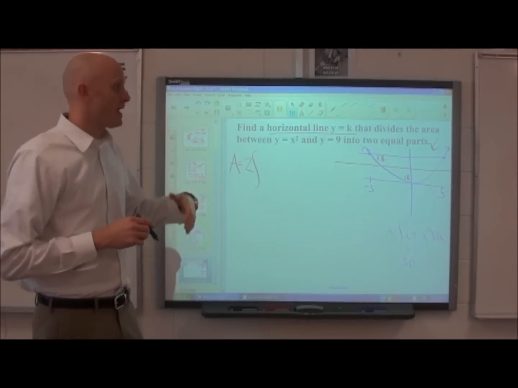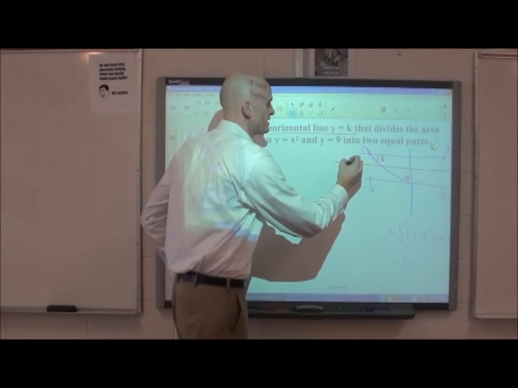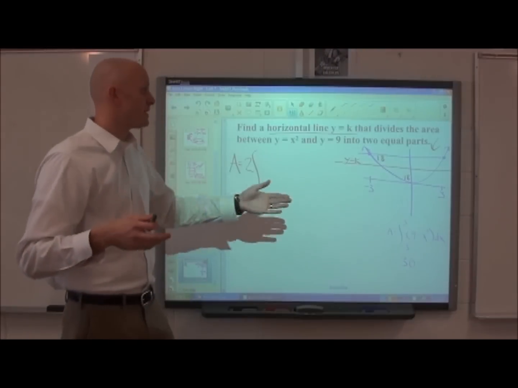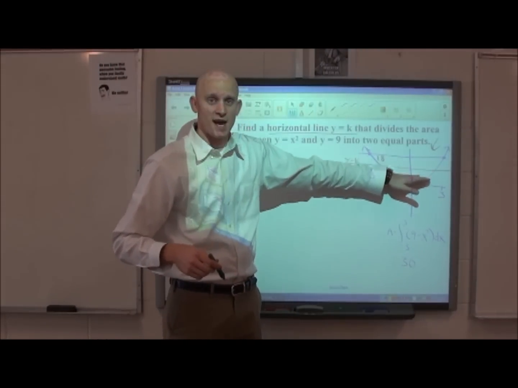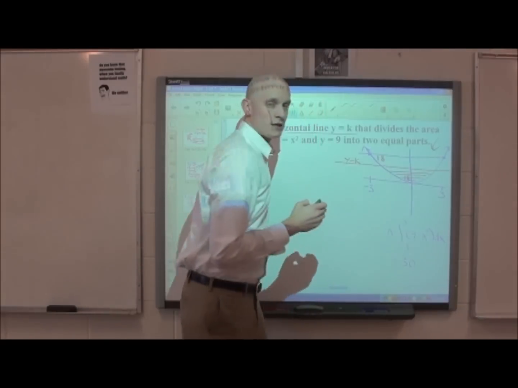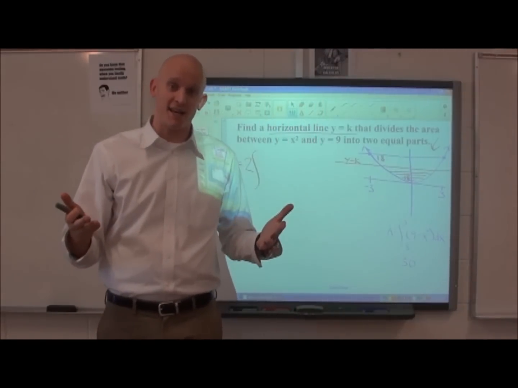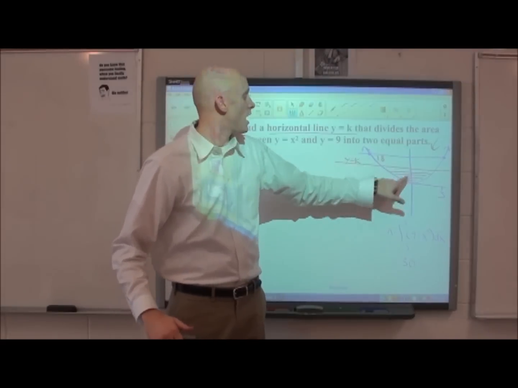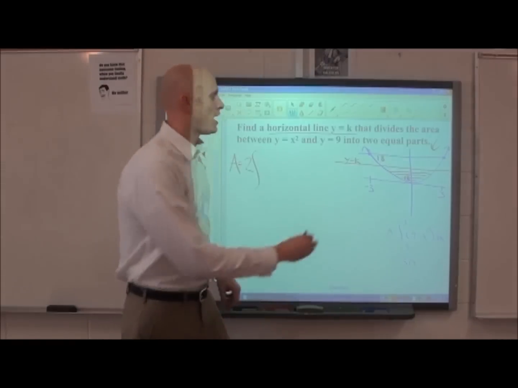Now, we know that we have some top curve. This is the line y equals k. So we know that we have a top curve in this case. If I'm finding the area of this bottom part, I want it to be equal to 18. That way it's 18 here and 18 at the top. We know that that line is y equals k.